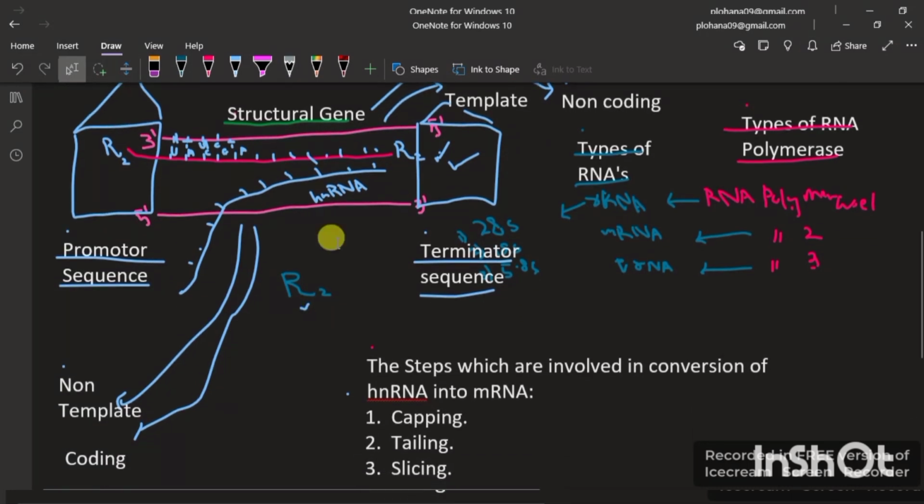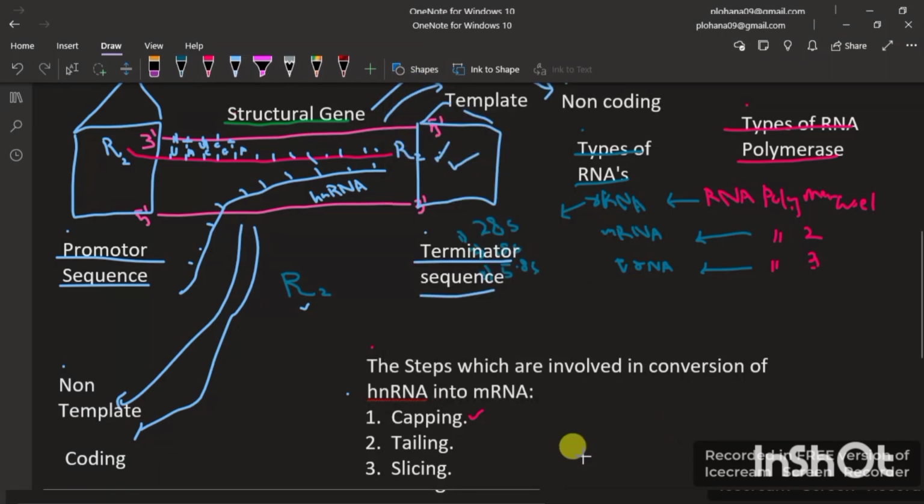There are three steps which are involved in the conversion of hRNA into mRNA. So the first step is capping. Let's see capping. So basically think that this is hRNA. Wait, let me make it more clear, with the blue one.